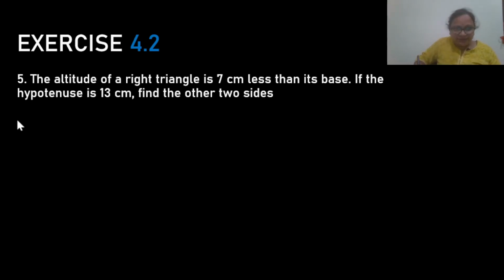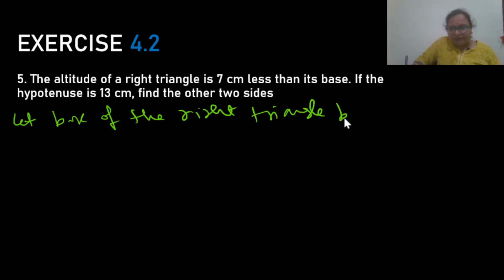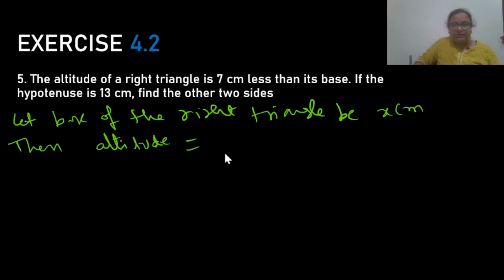So, let the base of the right triangle be x centimeters. Then the altitude is 7 centimeters less than its base, that is x minus 7 centimeters.